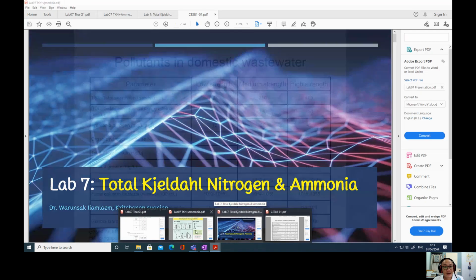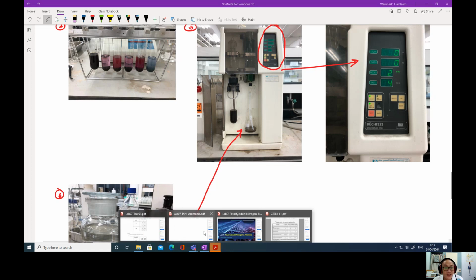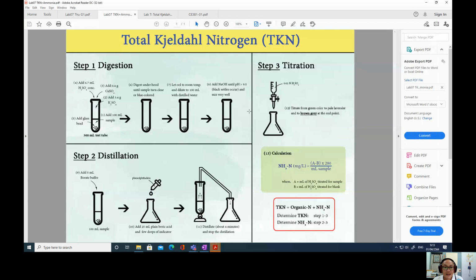For the nitrogen determination, you can simply have a look at these files, determination of the total Kjeldahl nitrogen. You have to begin with step 1, digestion. We need to add 3 different reactants into the water sample, and don't forget to add the glass bead. The glass bead will help to distribute the heat evenly in the tubes.